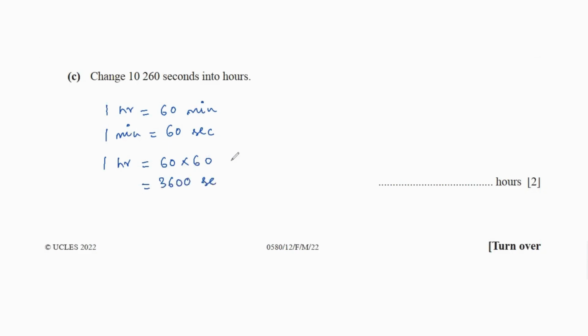Now, in this case, they're asking us to go from a smaller unit, the seconds, to a bigger unit, the hours. So we will divide 10,260 by 3,600. And when we do that, what we get is 2.85. So 2.85 hours is your conversion of 10,260.